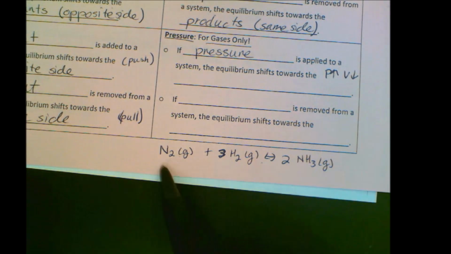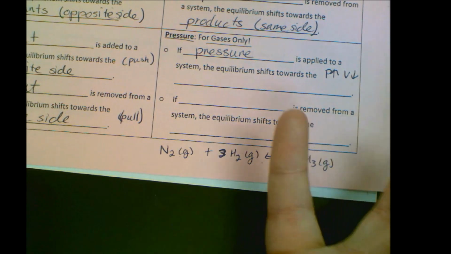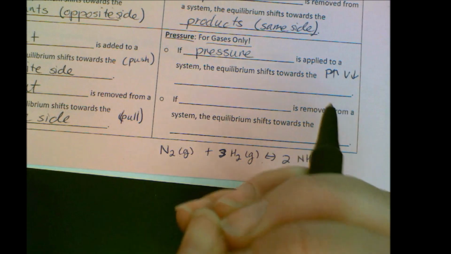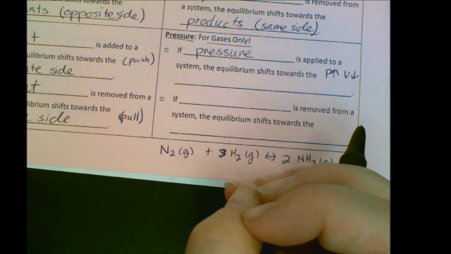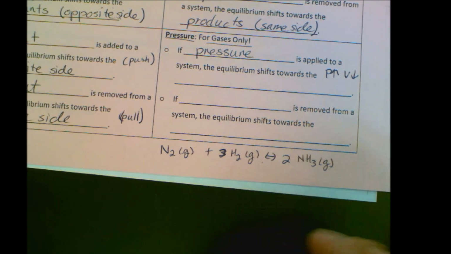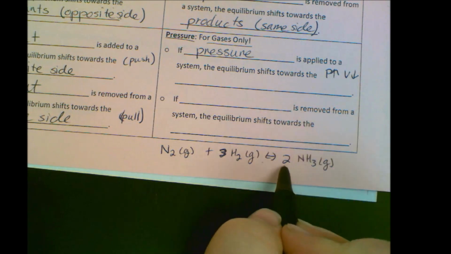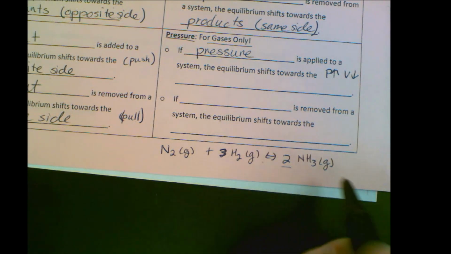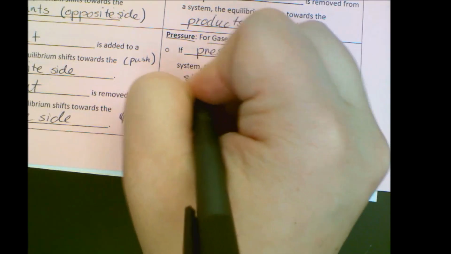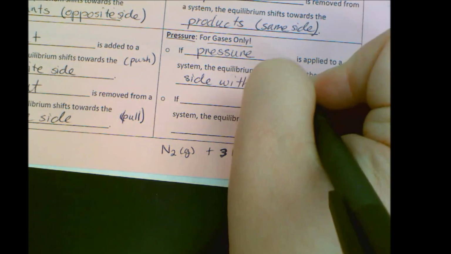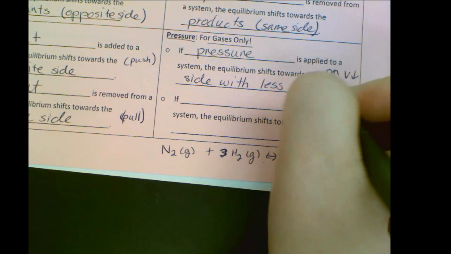So if we put more pressure on this, it's like we're smushing it all into a smaller container. So if we smush it all together, we want less particles there because we want them to take up less space. Okay? So it will always shift towards the side with less moles of gas. The equilibrium shifts towards the side with less moles of gas.